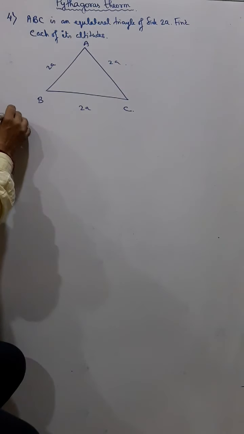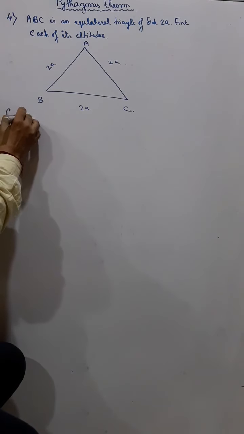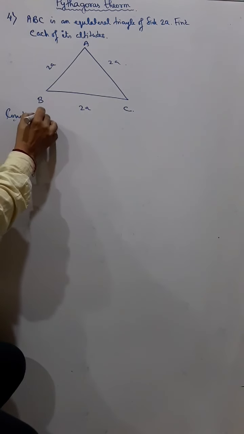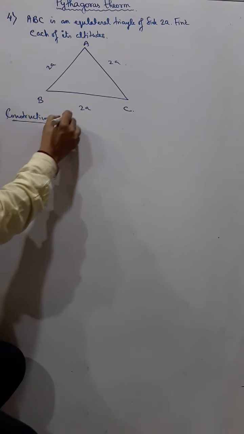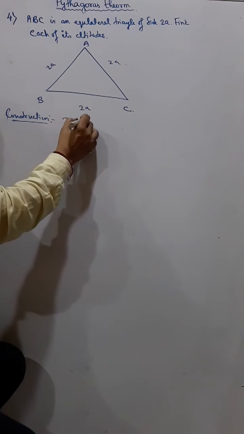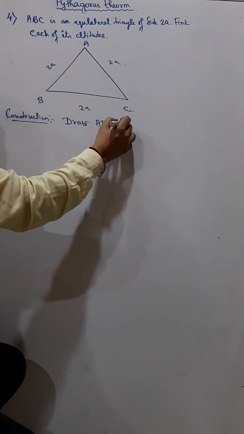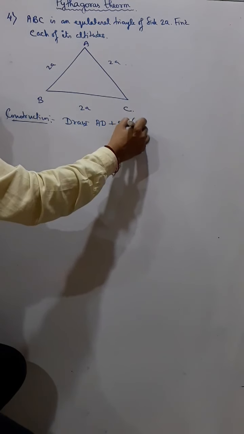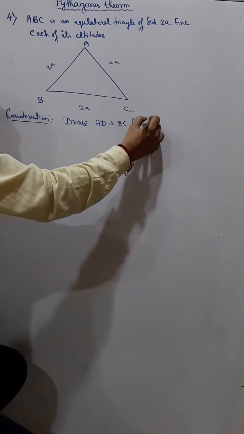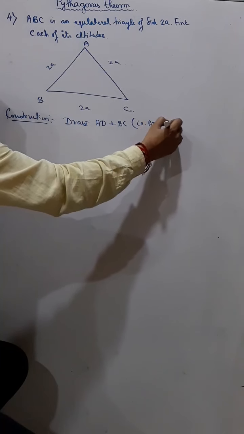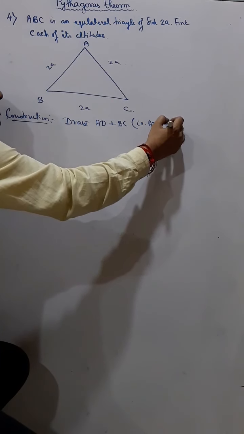Construction: draw AD perpendicular to BC, that is, AD is an altitude.